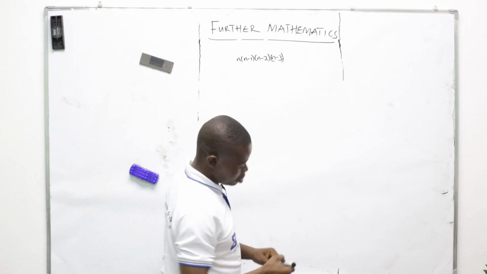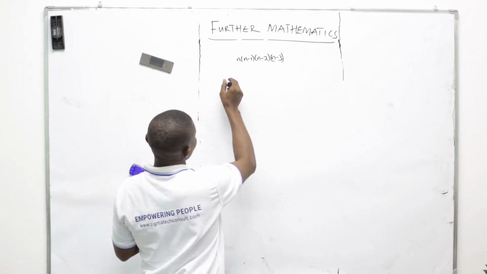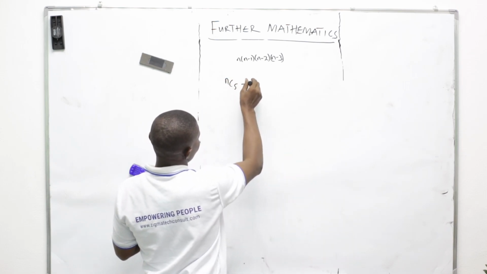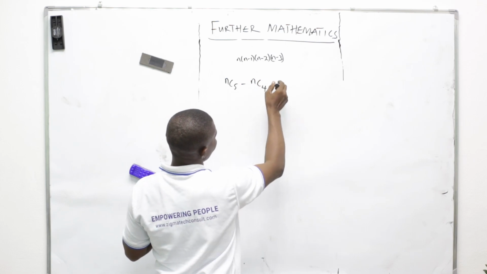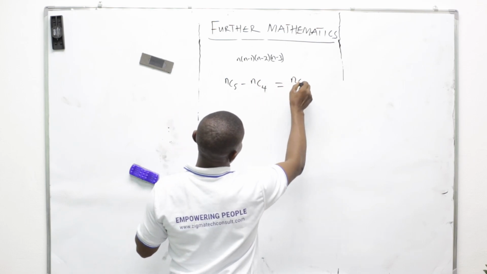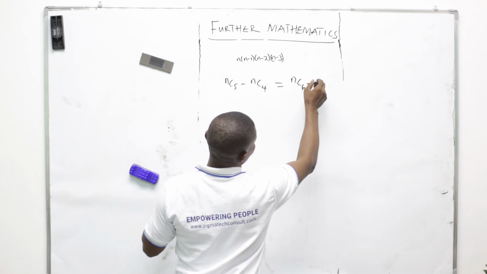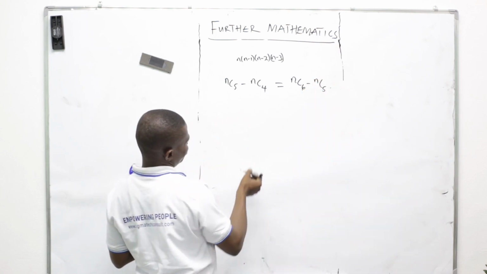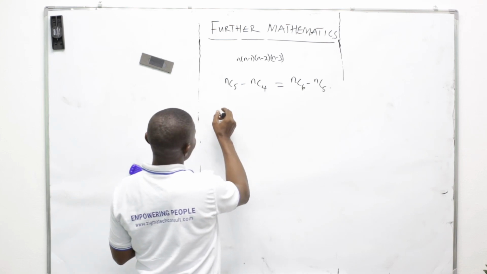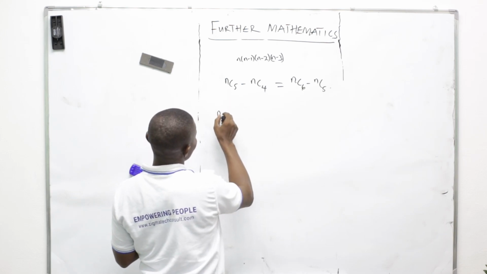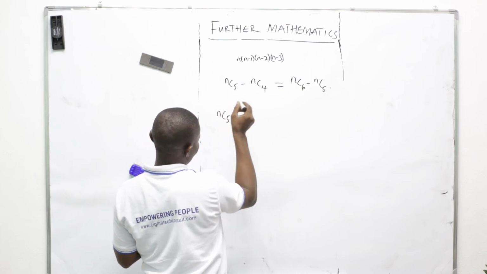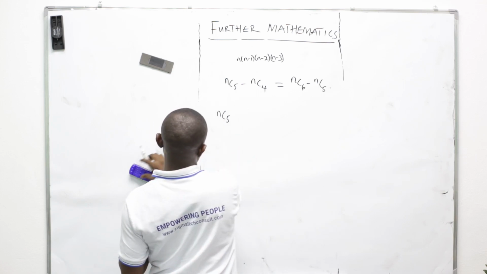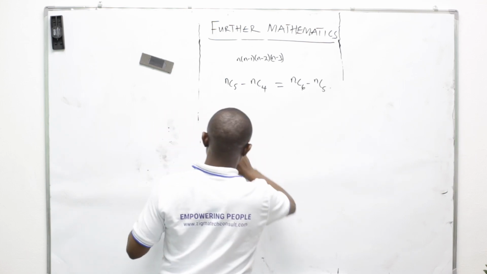Which was either n combination 5 minus n combination 4 equals n combination 6 minus n combination 5. So we already know n combination 5, what it is, minus n combination 4.